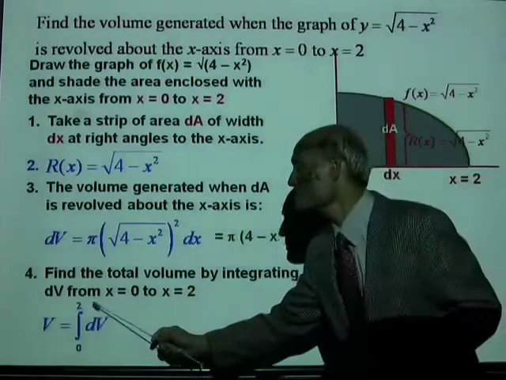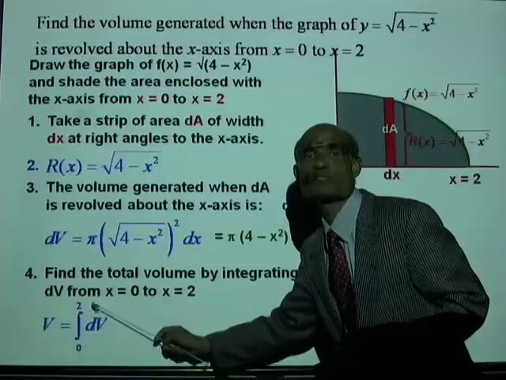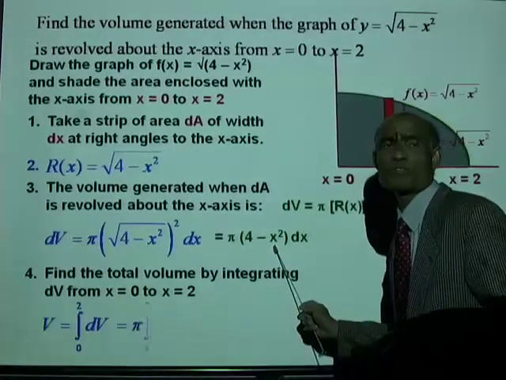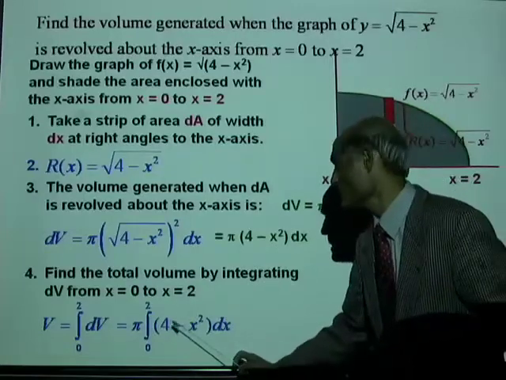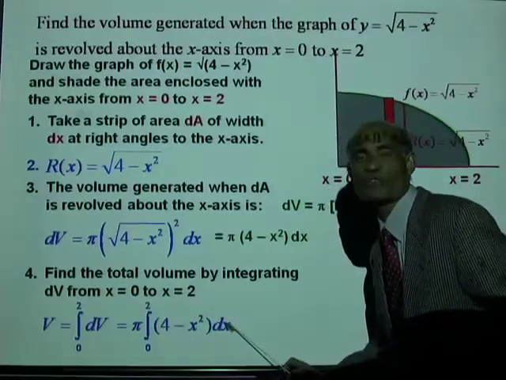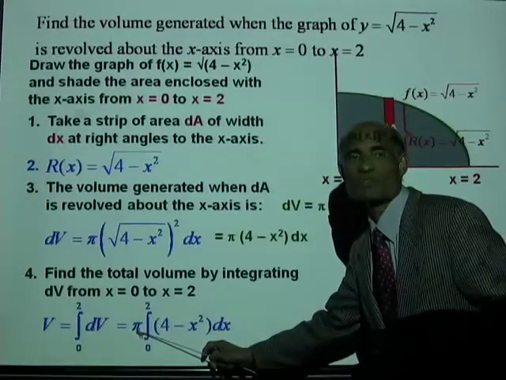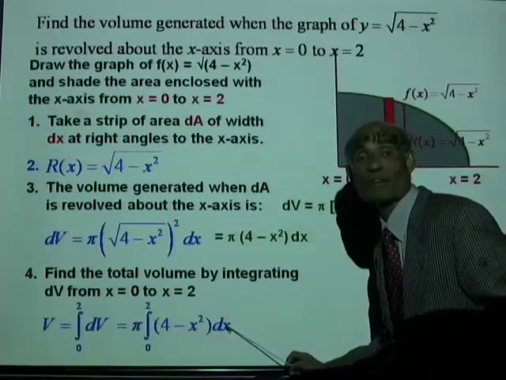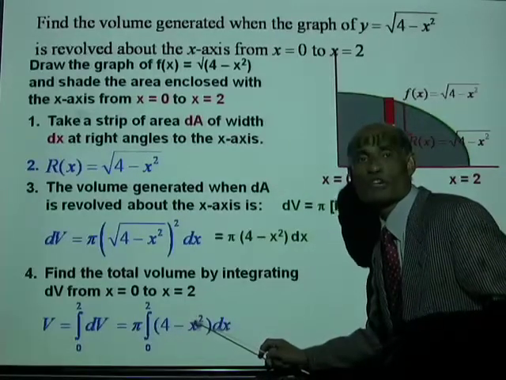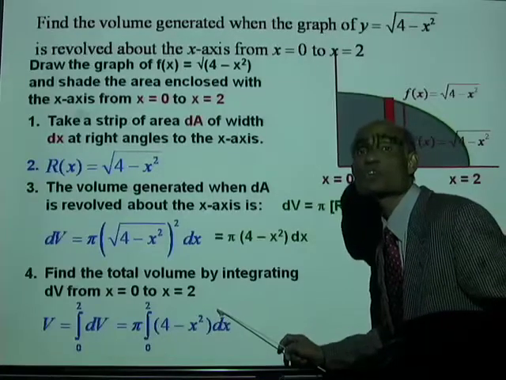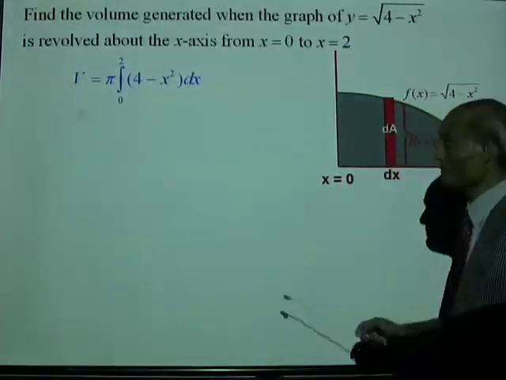And you get V equal to integral 0 to 2 of dV, where dV is this. Can you integrate this? What is integral of 4 dx? Well, pi is a constant, it will stay outside. So integral 4 dx is 4x minus, what is integral x squared dx? It is x cubed over 3.